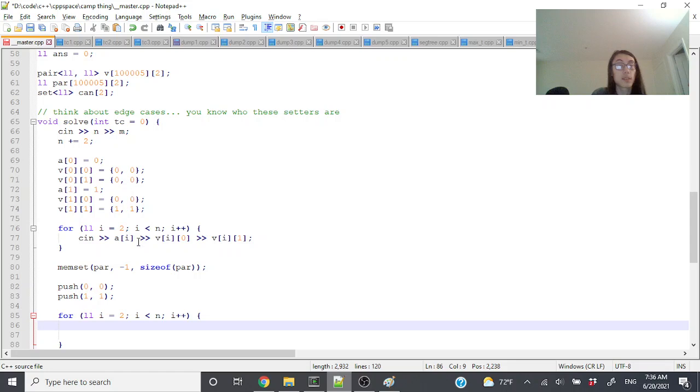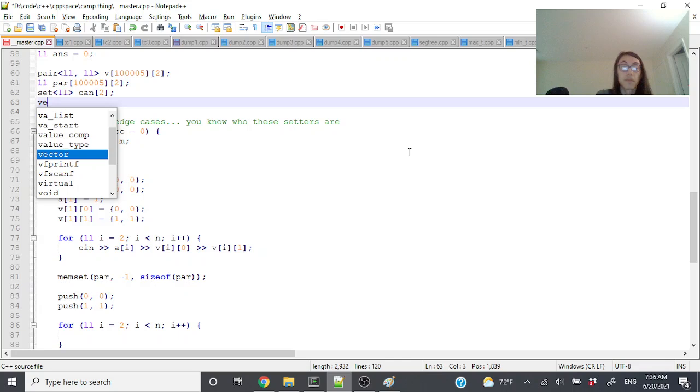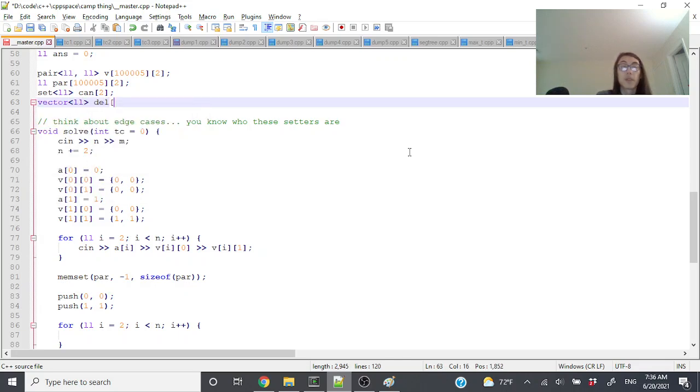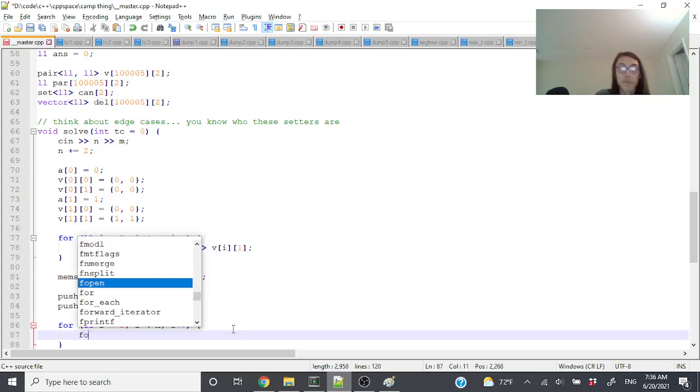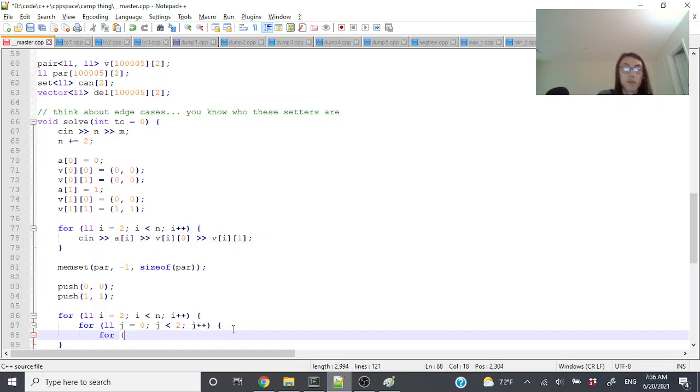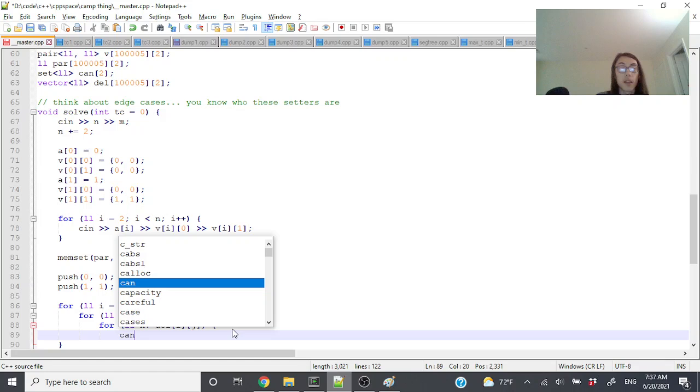Alright, should we check first the can set? Del, for LX del IJ. That means it stops working at this position.